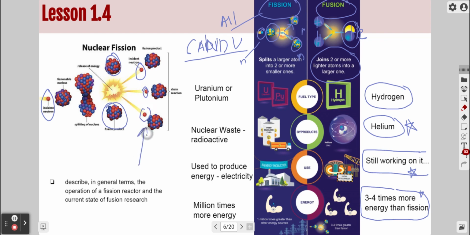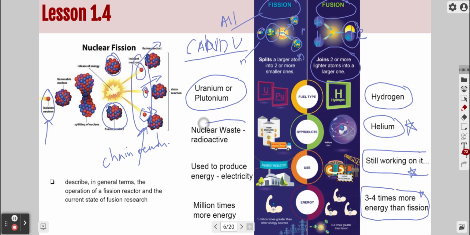This is also why you hear the term chain reaction. You can see from one neutron, you've now got 3 neutrons being produced. Each one of those neutrons can then go do fission again and start the next reaction. So it's called a chain reaction because it keeps getting more and more. All right, and the reactants in fission are uranium and plutonium.